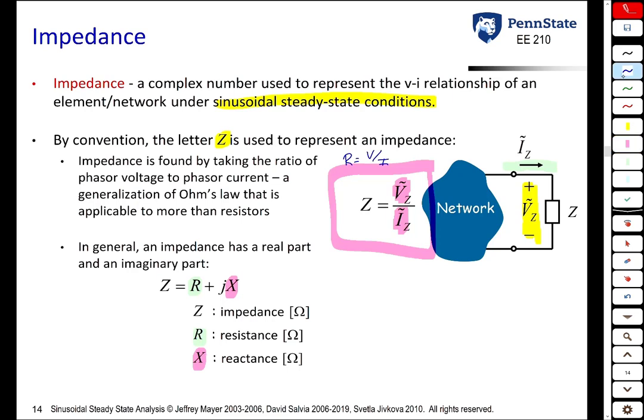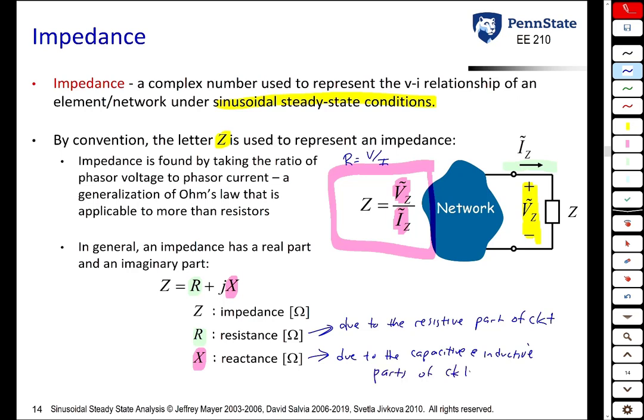Way to think about this total impedance, the resistance is going to be due to the resistive part of the circuit, and the reactance, the imaginary part, is going to be due to the capacitive and inductive parts of the circuit.